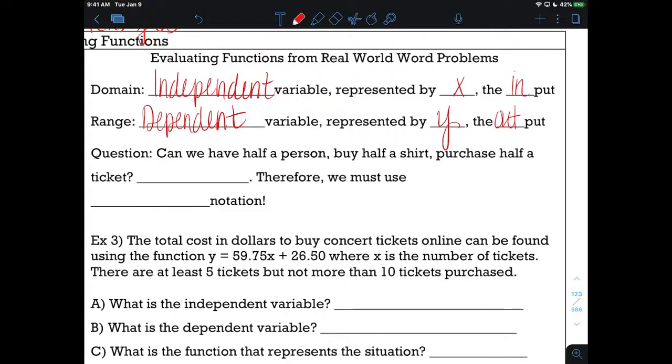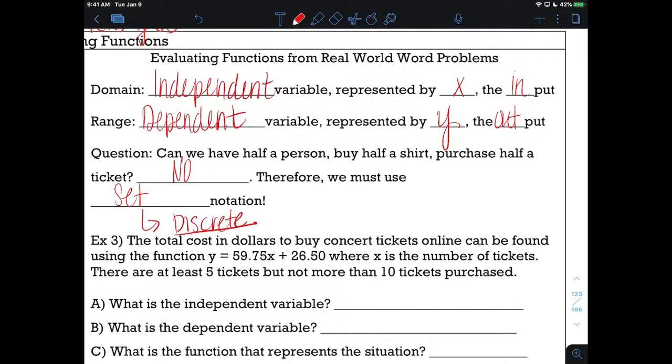So, now here's a weird question for you. Can we have half a person, half a shirt, purchase half a ticket? No. Therefore, we have to use set notation. What is that? Discrete. These guys are discrete.